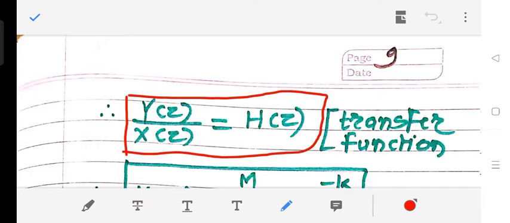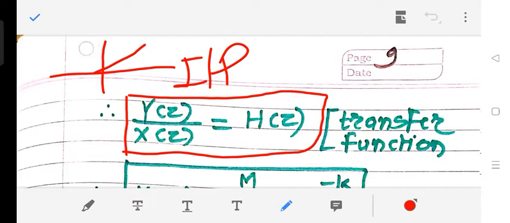A non-linear system means one where the input and output do not vary according to the linear scale. This is the linear scale. I will draw it here. Let us say this is the input on the x-axis, this is the output on the y-axis.